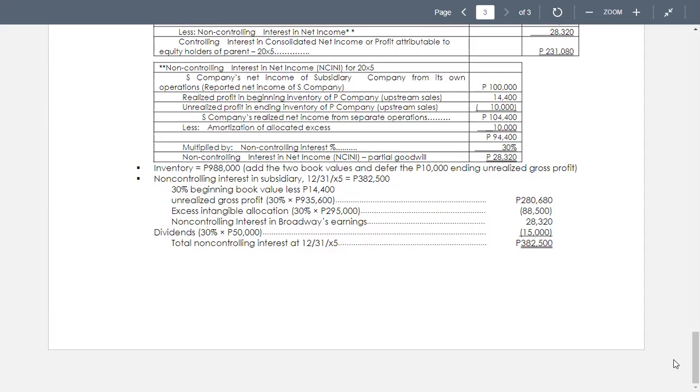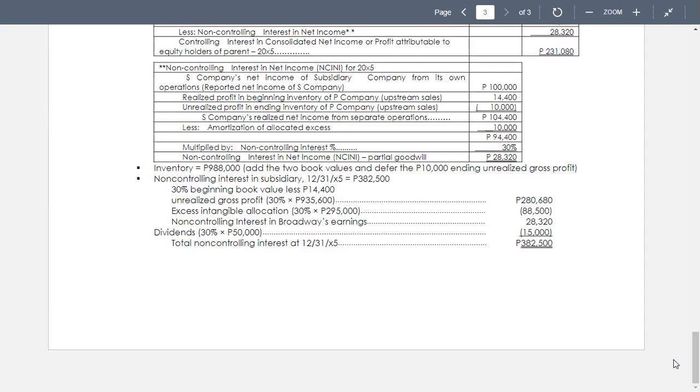Controlling interest in subsidiary's net income is 30% of the reported income after subtracting the 13,000 excess, and we defer 8,000, the ending unrealized gross profit. Okay, so we have now the answer to number 7. It's 8,700. That's letter B as in boy.